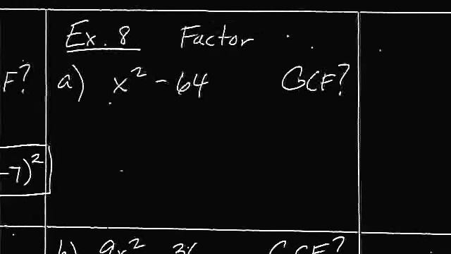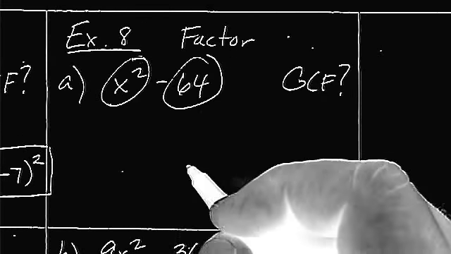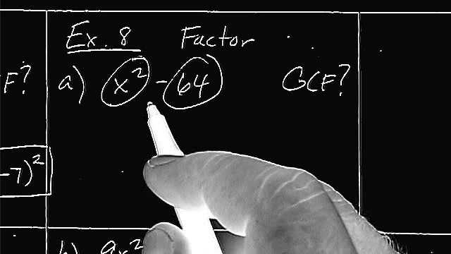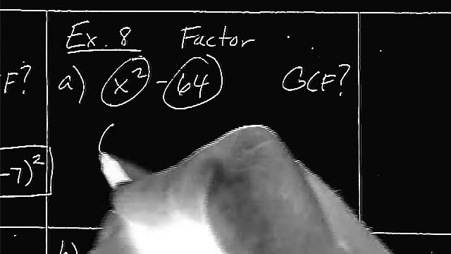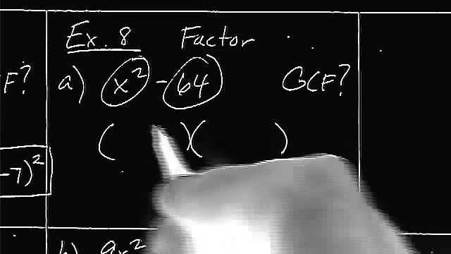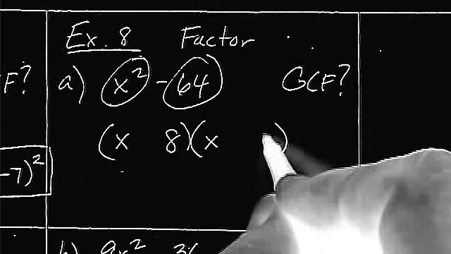The last situation is, once again, perfect square, perfect square. You'll notice that the middle term is missing. That's because it's 0. So in other words, yes, this is x and x, 8 and 8.